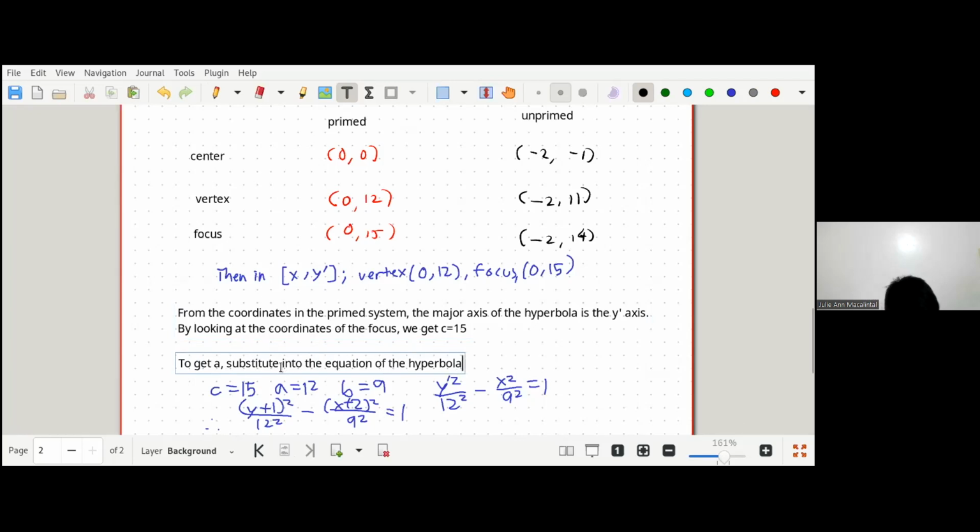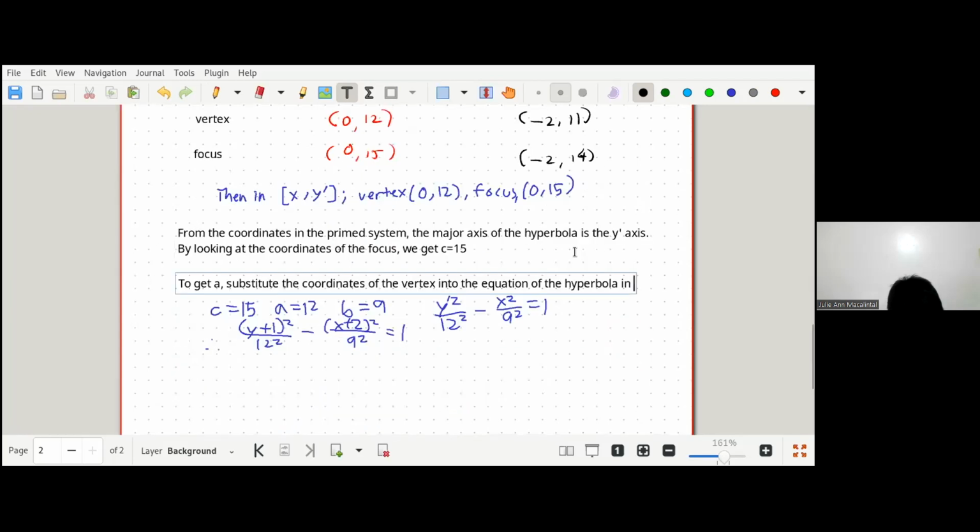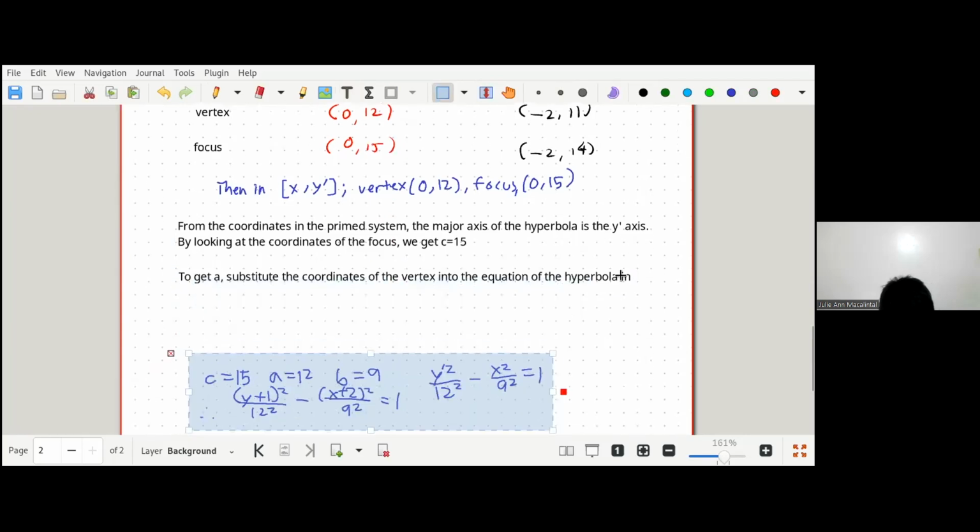So substitute the coordinates of the vertex to the equation of the hyperbola in the prime system. Yeah, kailangan natin na iulong to in the primed system.